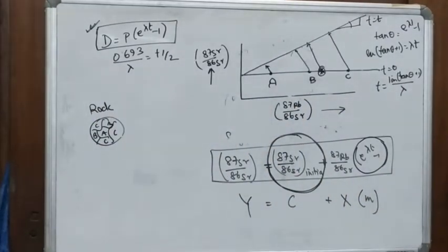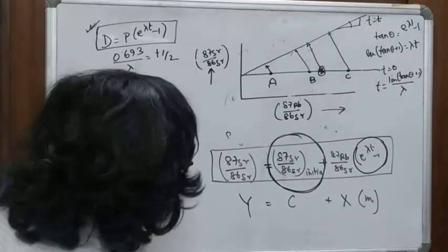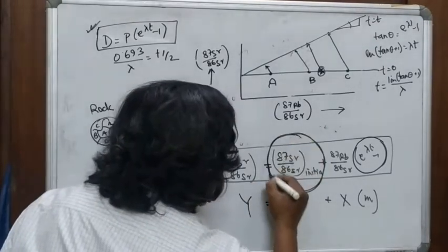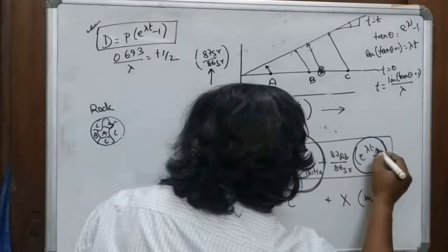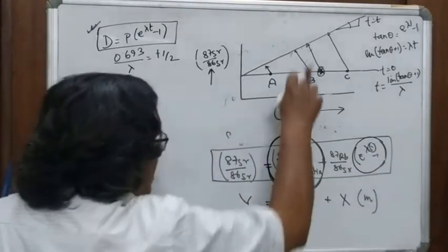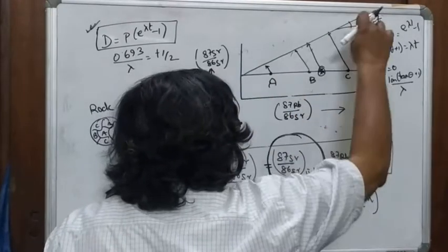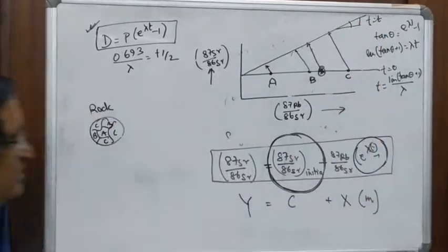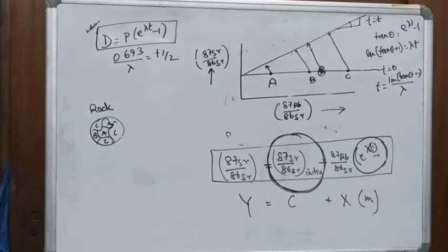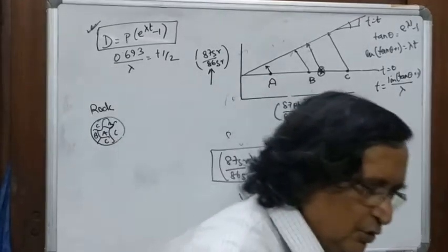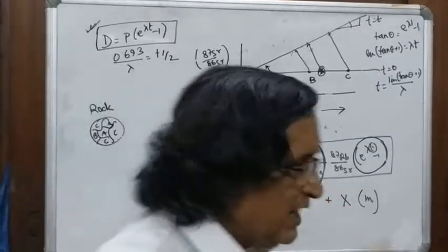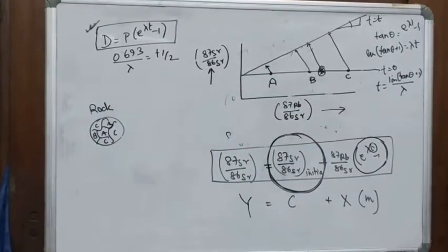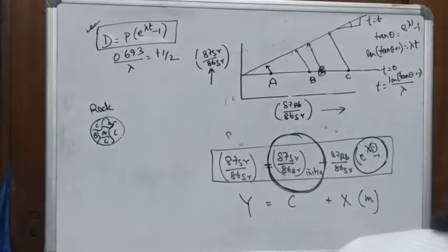So we can find out the initial concentration of the element, and we can also find out time t once these are on a slope, and we can find out the tan theta, the slope. This is the basic equation for 87 strontium by 86 strontium initial, e to the lambda t minus 1. That's the basic equation.